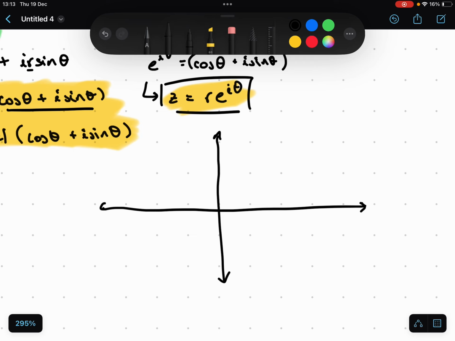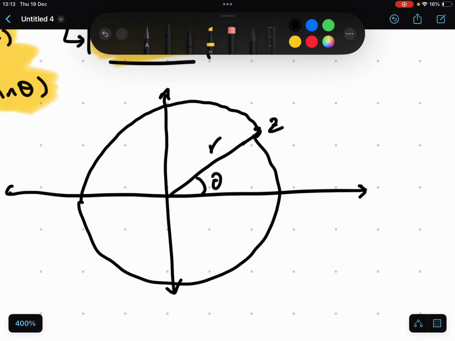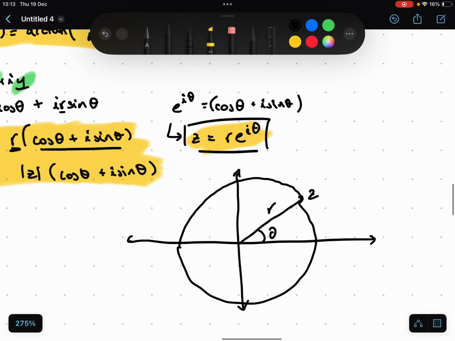If we draw another Argand diagram, thinking about a modulus r and an angle theta, and this is z, if I allow z to vary over points, you're just going to get a circle. A really badly drawn one, but you'll get a circle. And I should probably say this is the real axis, and this is the imaginary axis.